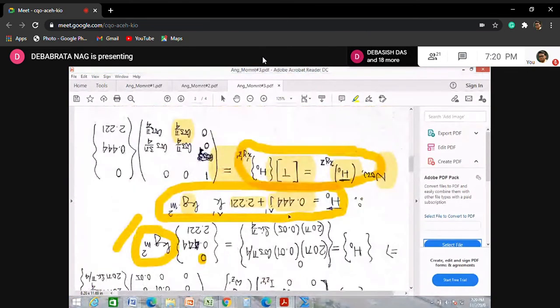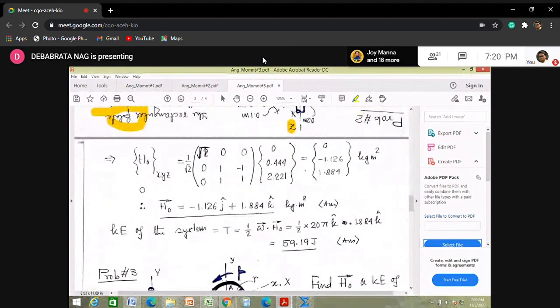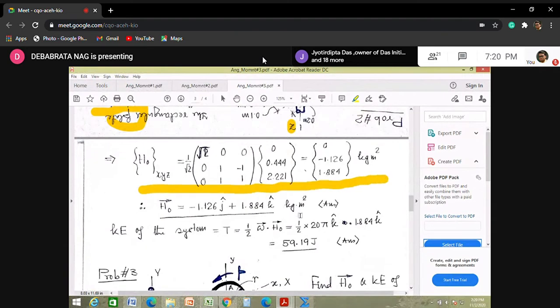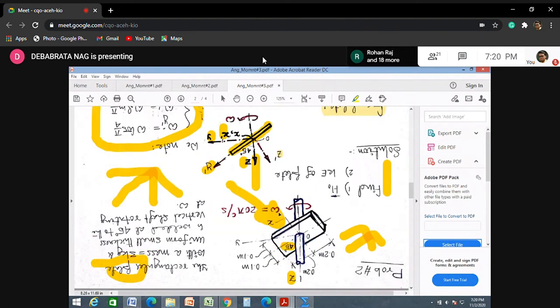If you expand this angular momentum expression and do this multiplication, this is your angular momentum term that you are finally getting, right? So in terms of j and k components, this is one way of solving the problem.